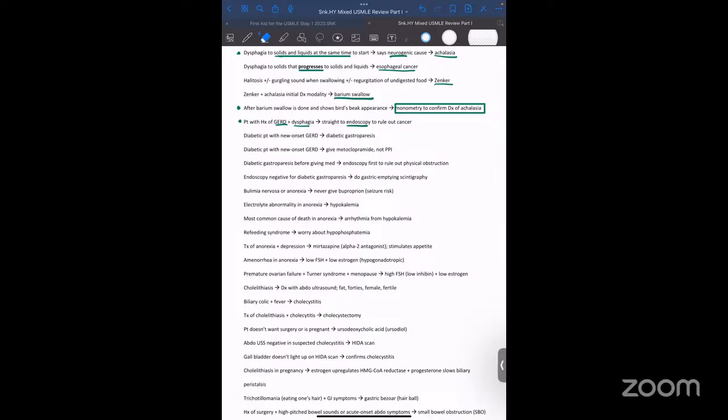This is diabetic gastroparesis. Diabetic patient with new onset GERD, give metoclopramide, not PPI. So this will help with motility. We're not going to give PPI. Diabetic gastroparesis, before giving meds, endoscopy first to rule out physical obstruction.